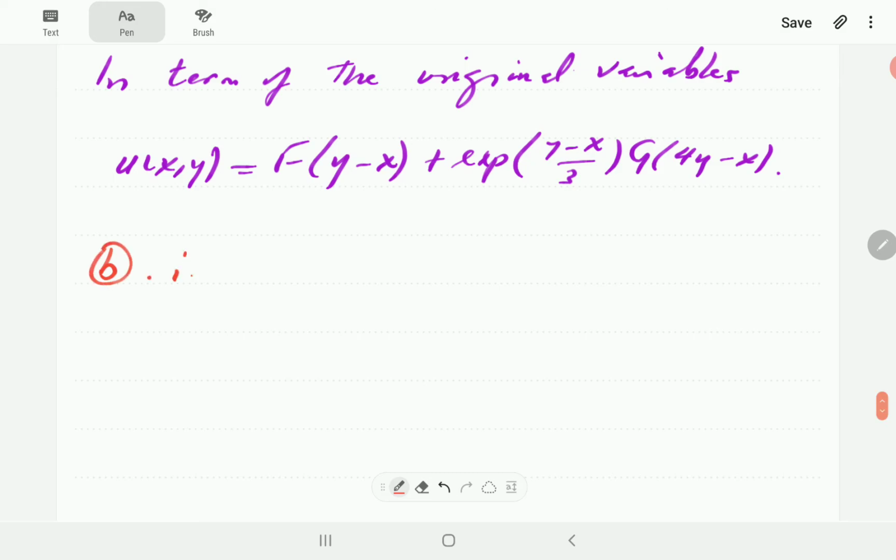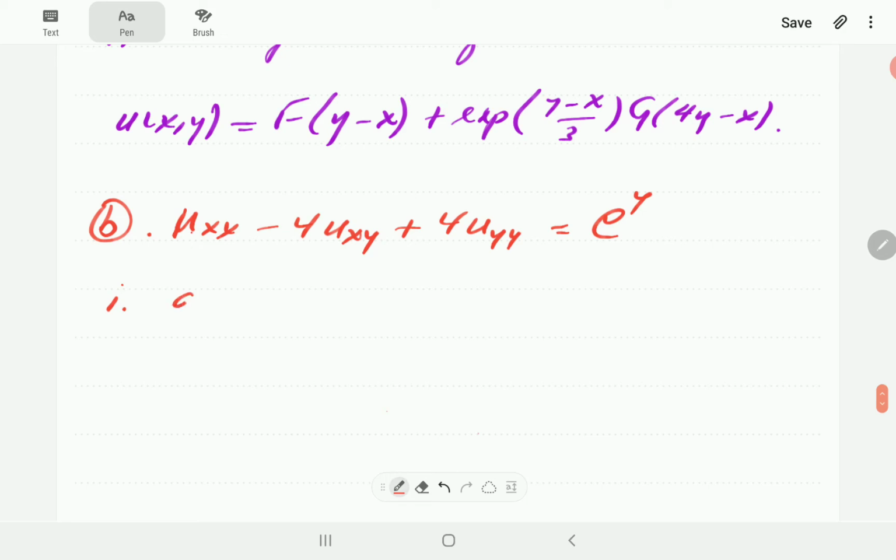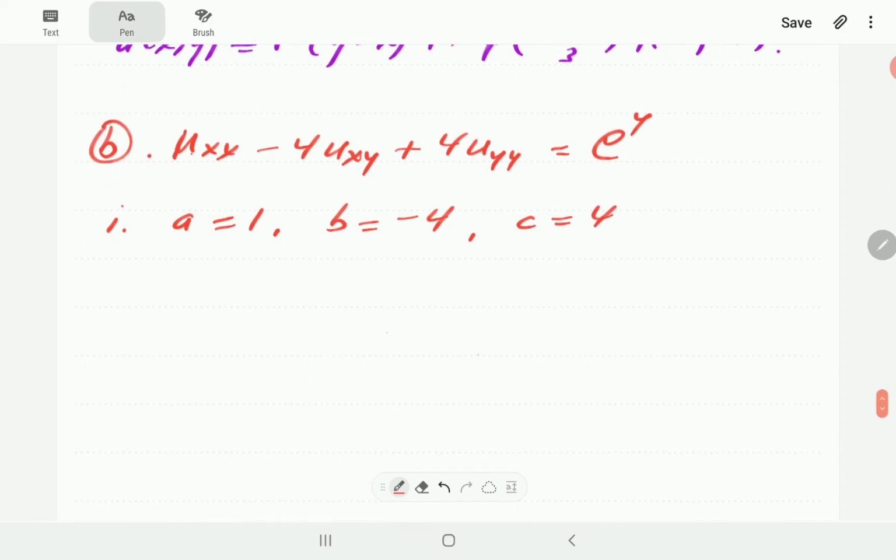Okay, so for B, maybe let's start by writing out the PDE. So I've got u_xx minus 4u_xy plus 4u_yy equal to e to the y. So A is equal to 1, B is negative 4, and C is 4.